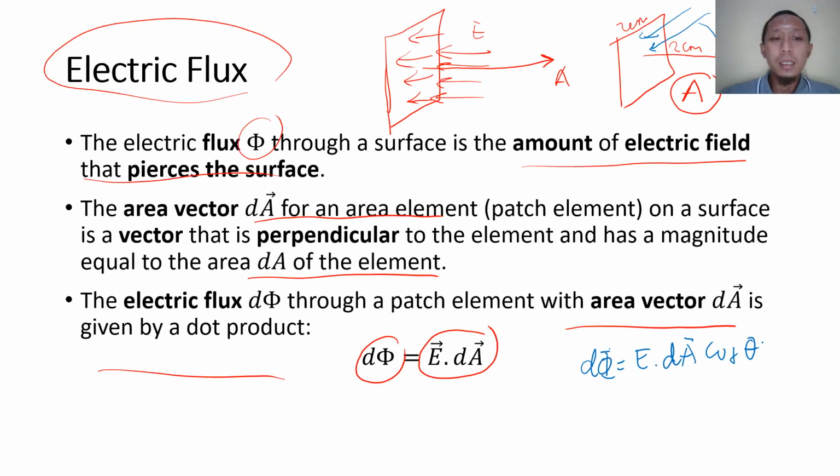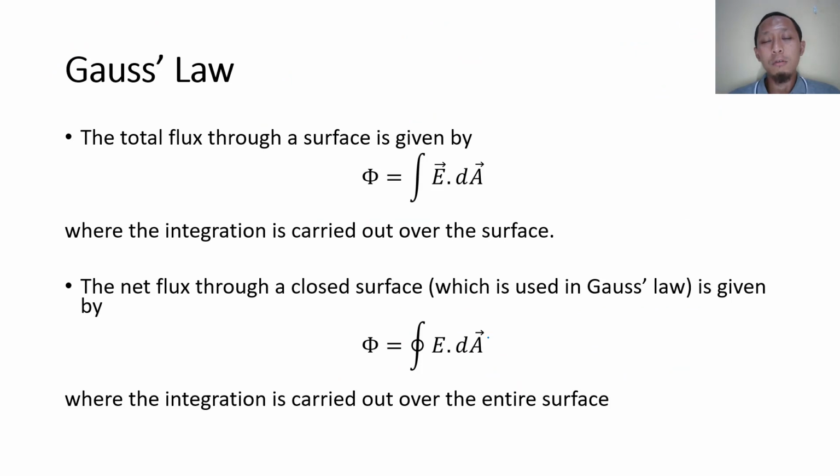So this is the dФ, the electric flux. So if we want to calculate the total flux through a surface, we can use this one. So before, the dФ flux is E dot dA like this one.